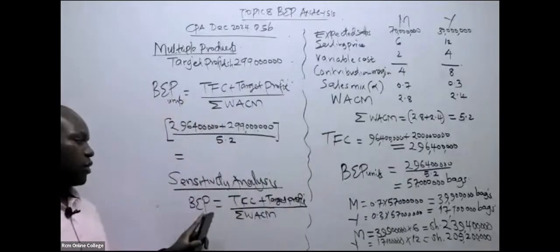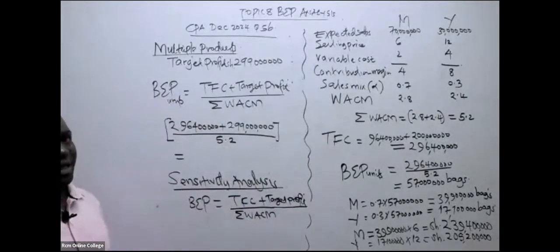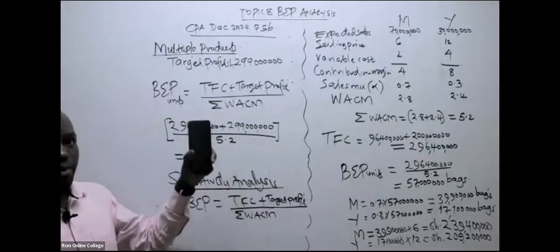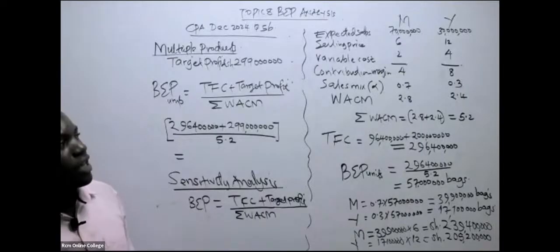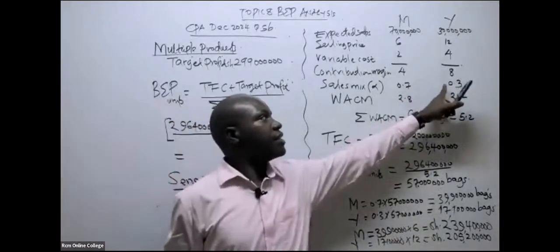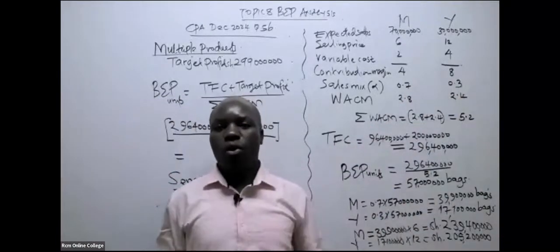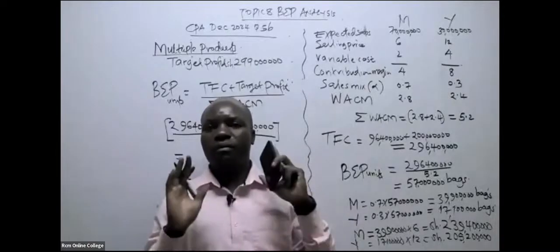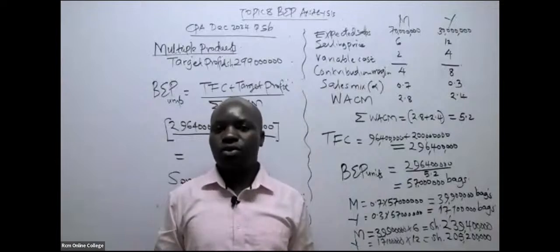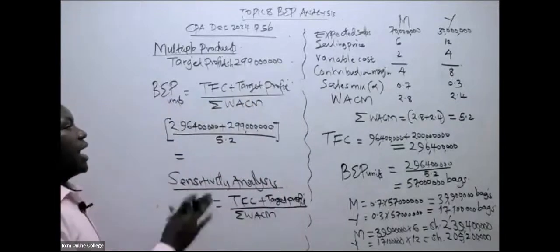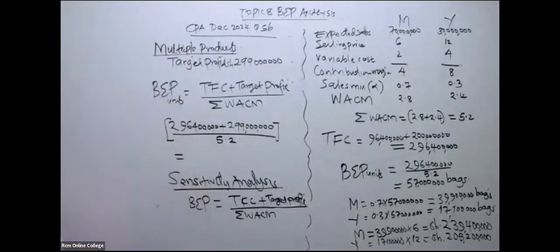What will happen to my break-even point? Number two, what if I keep everything constant, but the denominator is affected by introducing a different sales mix ratio? What will I have as the break-even point? Changing one item at a time is what we call sensitivity analysis under this topic.